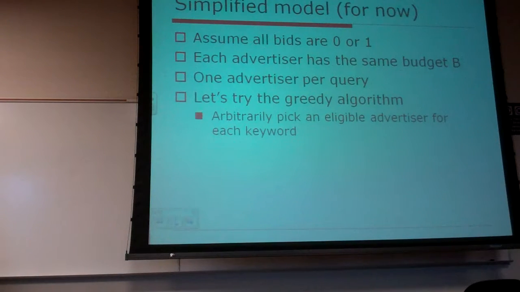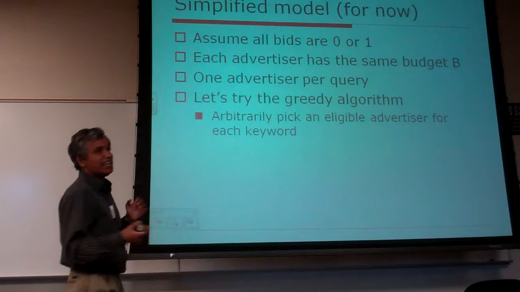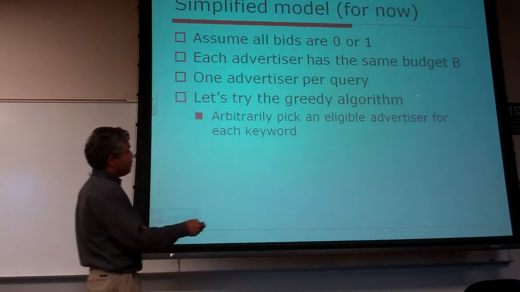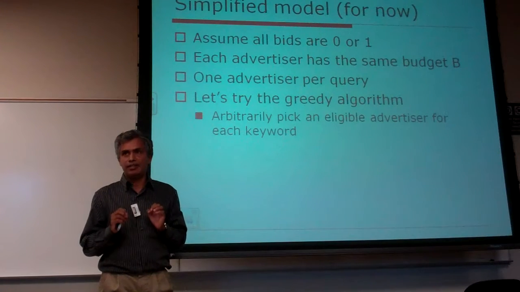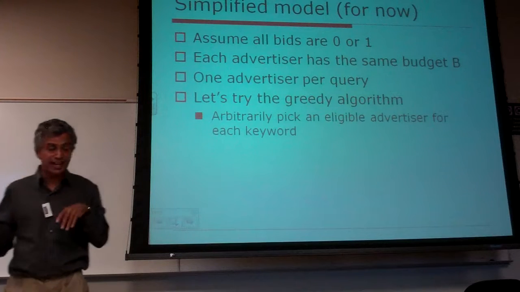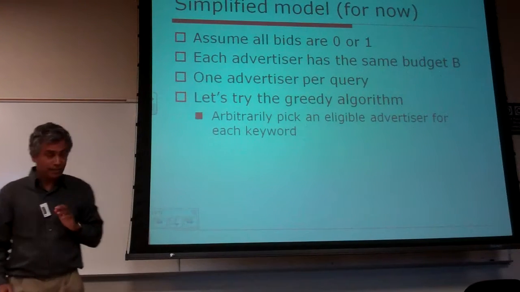Everybody is bidding 1 for every query they want, and if they don't like it, they'll put 0. All the advertisers have the same budget B. Simple case. But B is not infinity. That's the important thing. We assumed essentially infinity before. B is finite. And I'm showing one advertiser per query still.